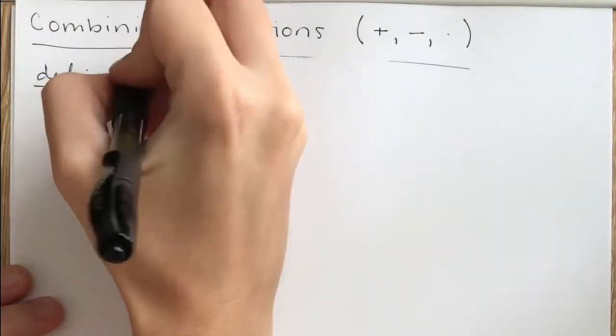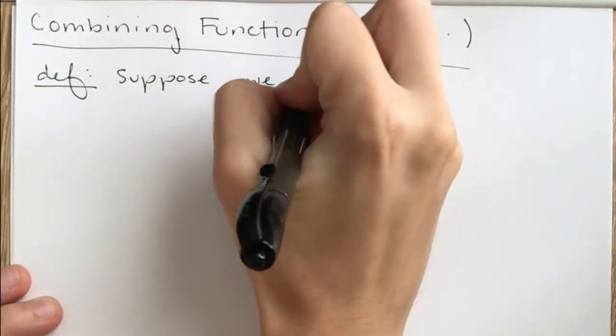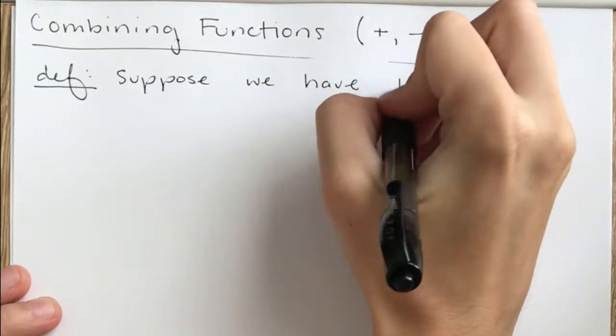Definition. Suppose we have two functions f and g.